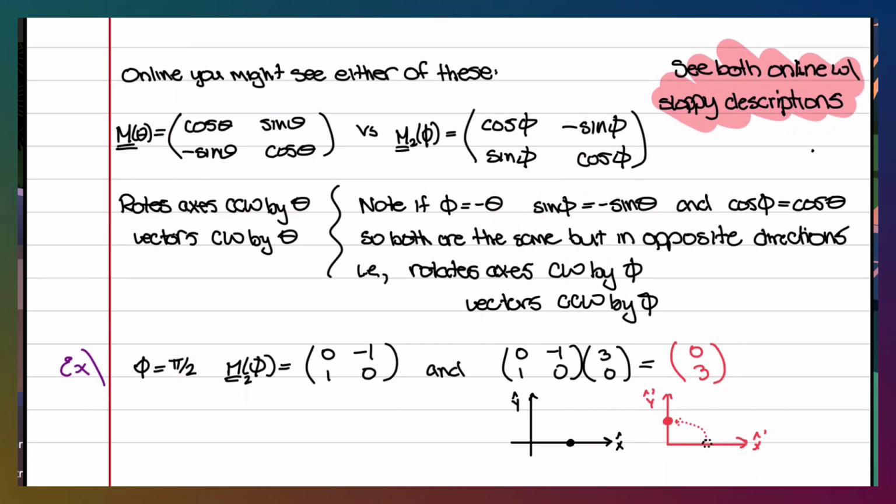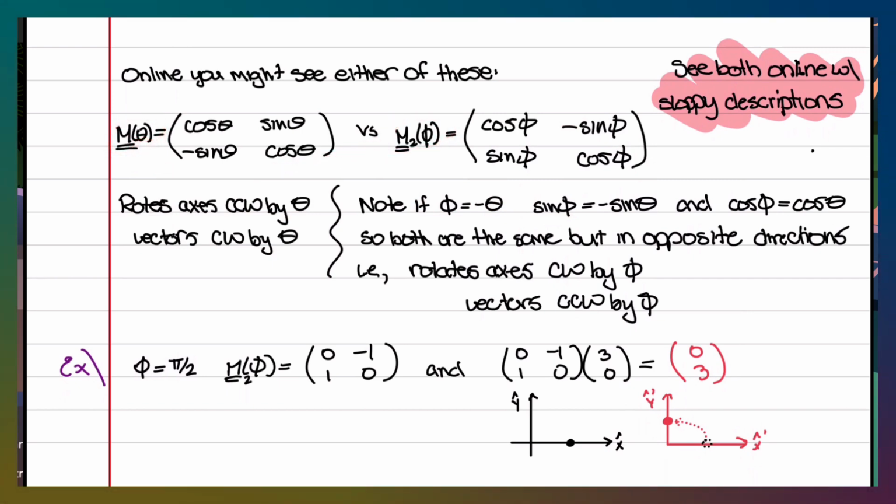And here I can make use of the odd evenness of the trig functions, and note that if I set phi equal to negative theta, then sine of phi is just negative sine theta by the odd property, and then cosine of phi is the same thing as cosine of theta by the even property. So if I make this transformation, then this matrix becomes equal to this matrix.